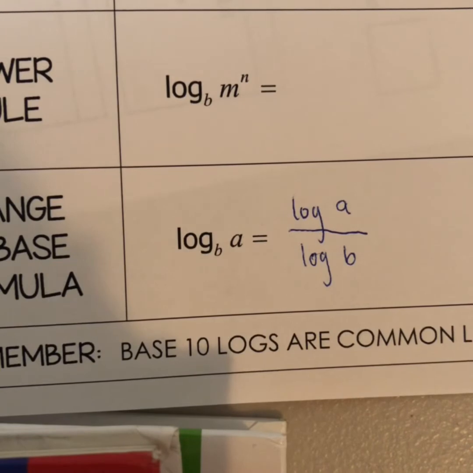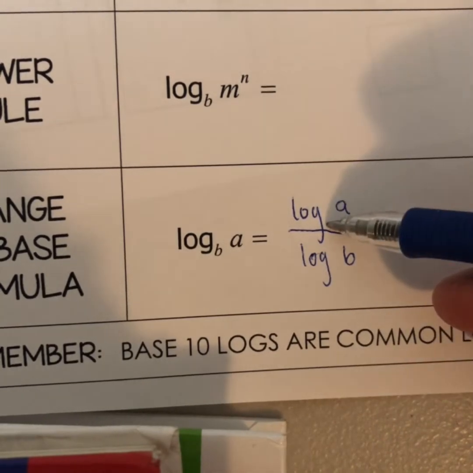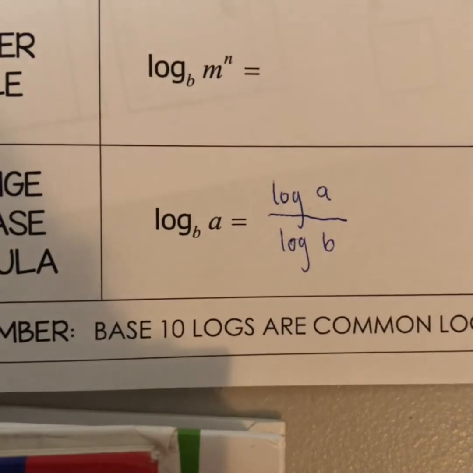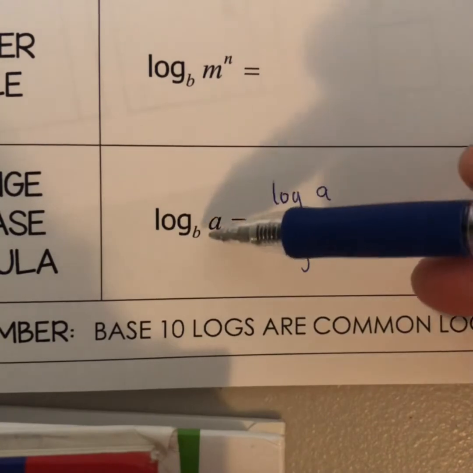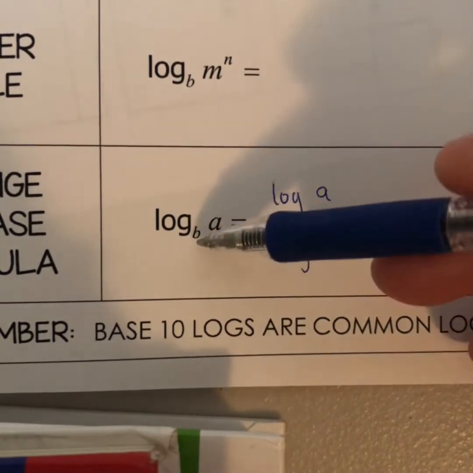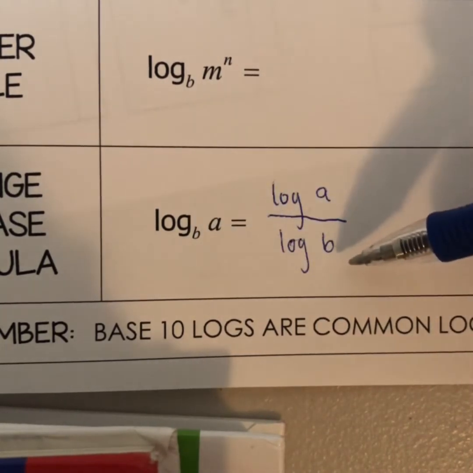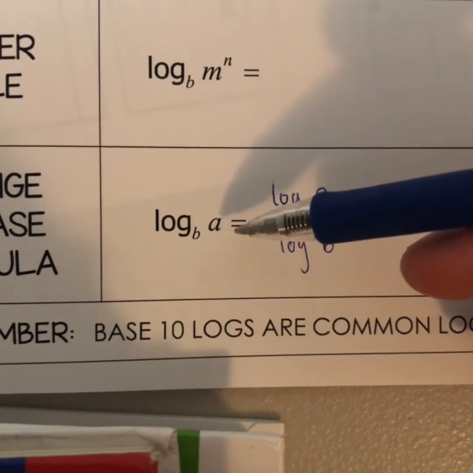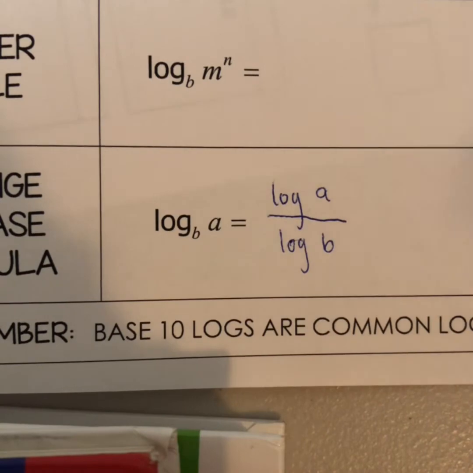When we don't see a number here as the base, we just assume it's the common log, and then we would just use our calculator to divide that, and it would give us a decimal. So just remember the base goes in the bottom, think basement. So that goes in the denominator. Your other number or variable, usually it's a number when we evaluate it, will go in the numerator. So that's change of base formula.